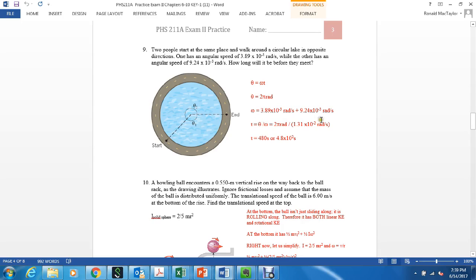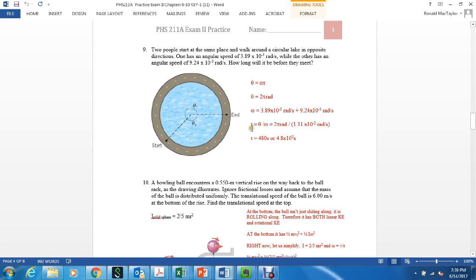So it doesn't matter where they meet, the total velocity is going to be their combined velocity: 3.89 times 10 to the negative third radians per second plus 9.24 times 10 to the negative third radians per second. That's their combined angular velocity just trying to get around this circle.